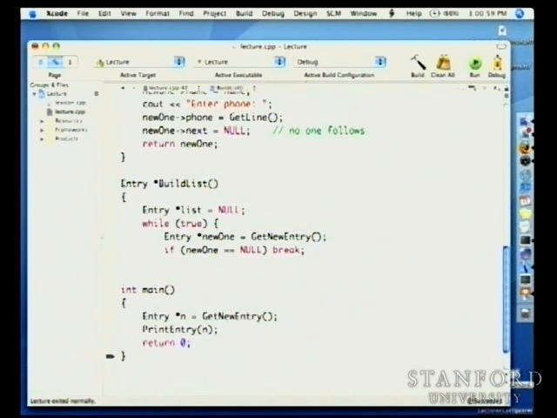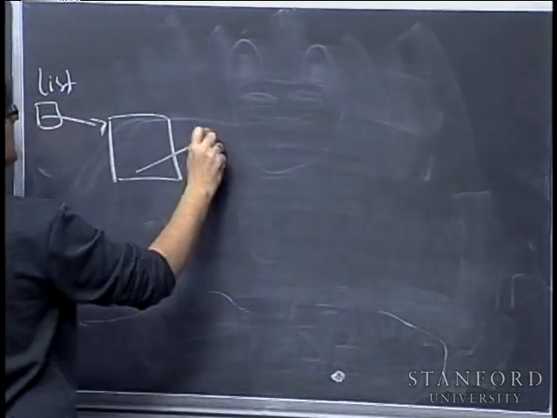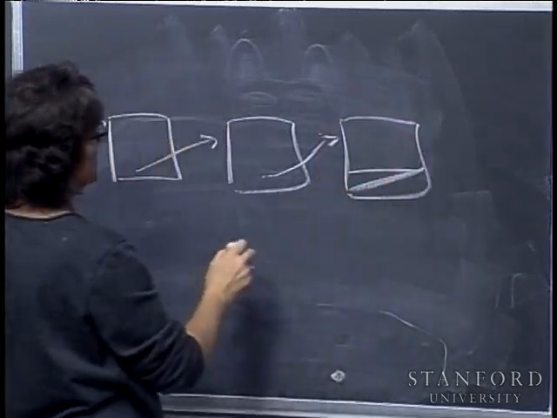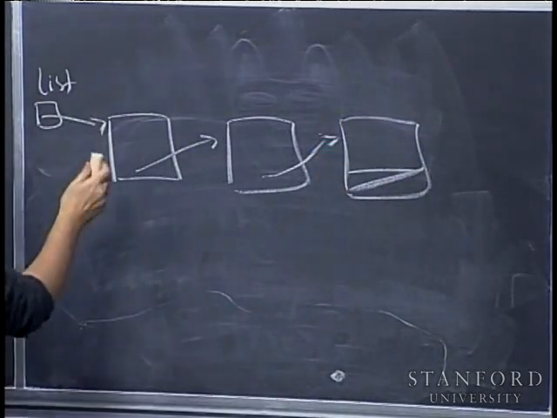Otherwise, I have a new entry that they just gave me, and I'm going to wire it into my list. Okay, so let's think a little bit about how the pointers are going to work on this. Here's my list pointer, and it points to a cell, which points to a cell, which points to a cell, and so on. There's information here.